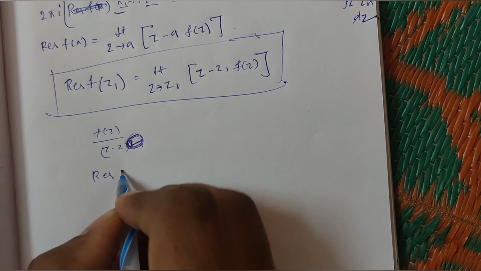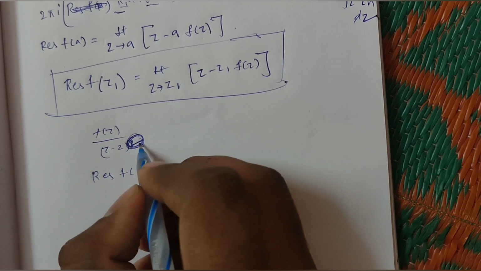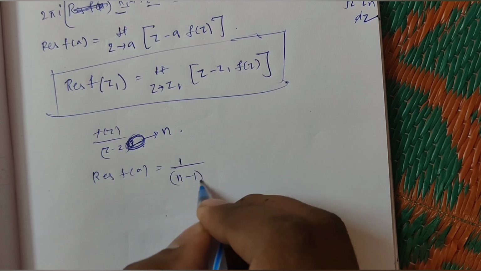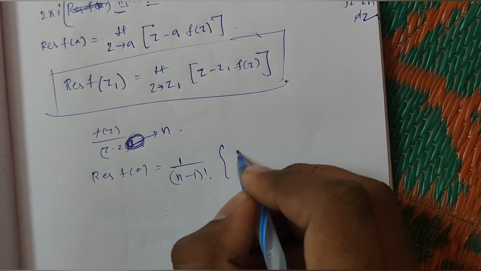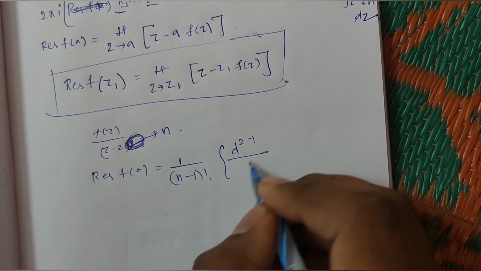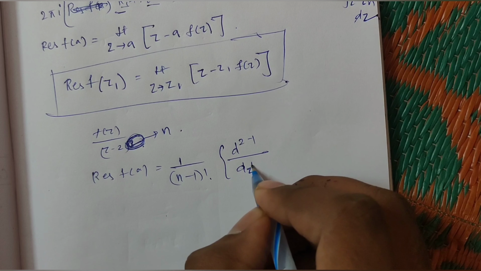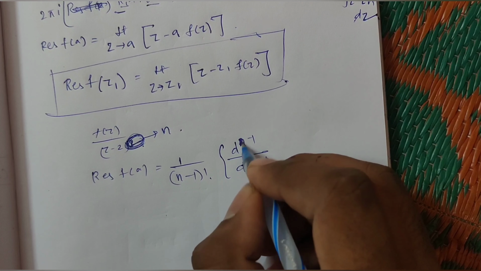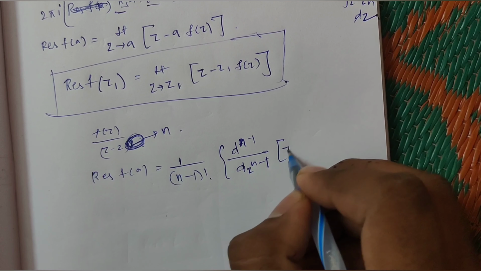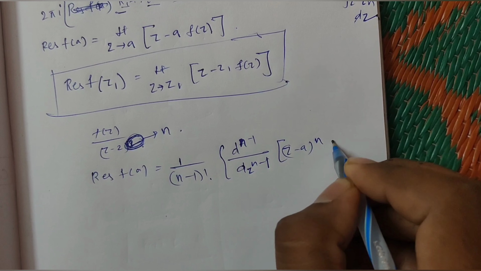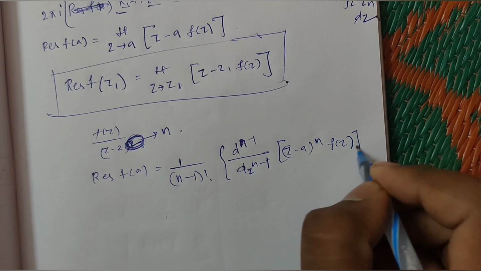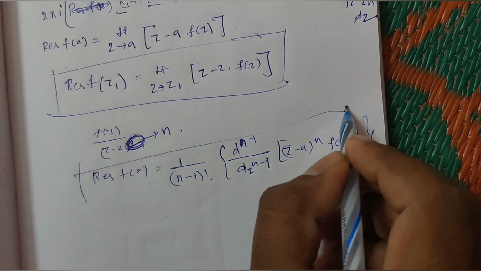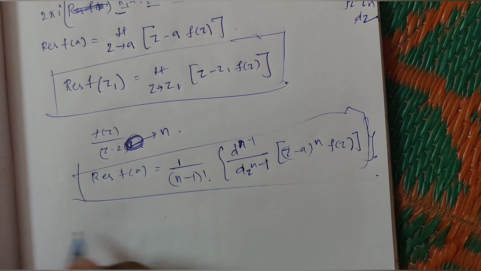The residue of f at a equals, taking the power as n, 1 by n minus 1 factorial into d power n minus 1 by dz power n minus 1 of z minus a whole power n into f of z. So this is the residue theorem.